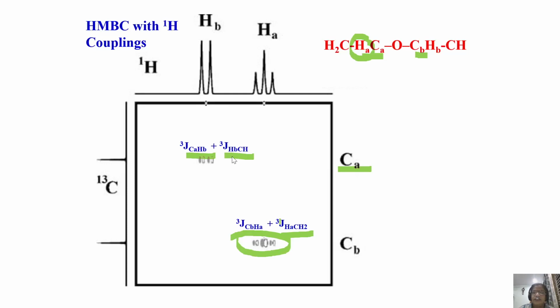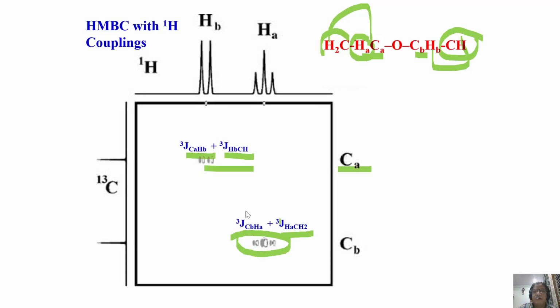So this is because of the additional groups here, coupling between this and this is reflected, coupling between this and this is also reflected here. So this is what happens if you bring in proton-proton couplings also in the HMBC spectrum and HSQC spectrum. I hope you understood. Now we have dealt with 4 cases.